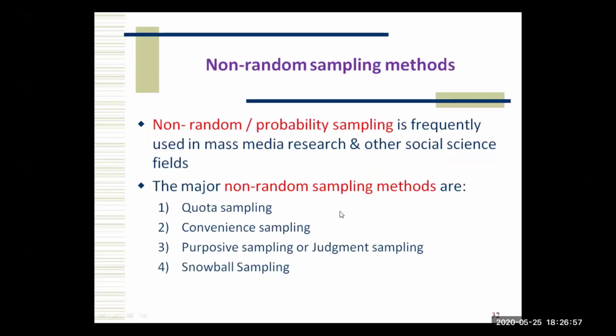This method is frequently used in mass media research, and is also applied in other social science fields, where they then make their analysis. The major types of non-random sampling methods are quota sampling, convenience sampling, purposive sampling, and snowballing sampling.